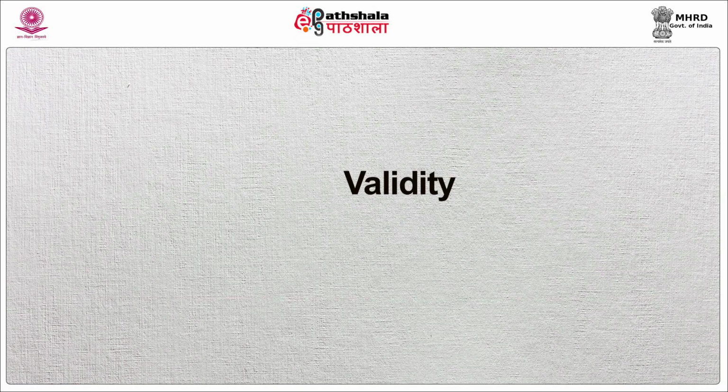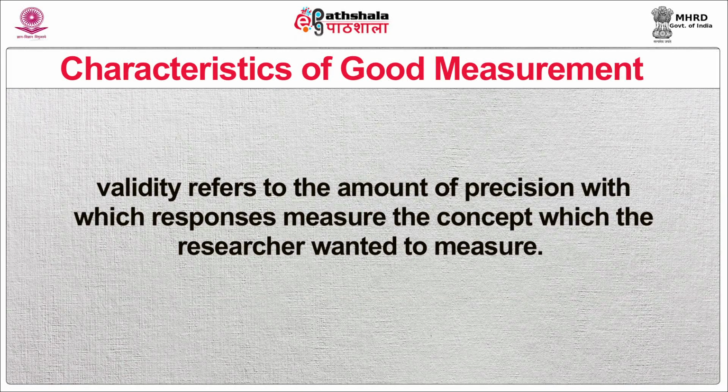The second is the validity. Validity refers to the amount of precision with which the responses measure the concept which the researcher wanted to measure. It simply refers to the fact that measurement of the object should be done very carefully to reflect the dimensions of the object being measured.